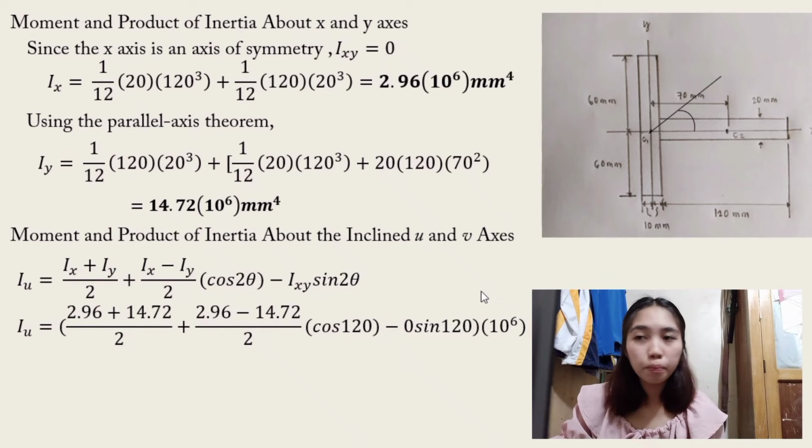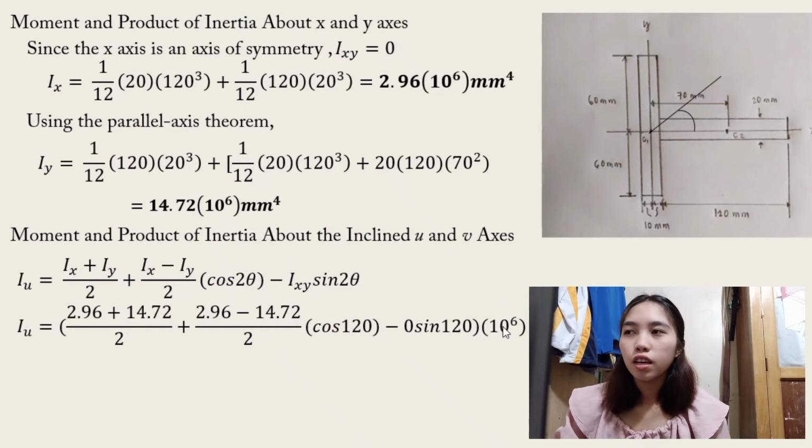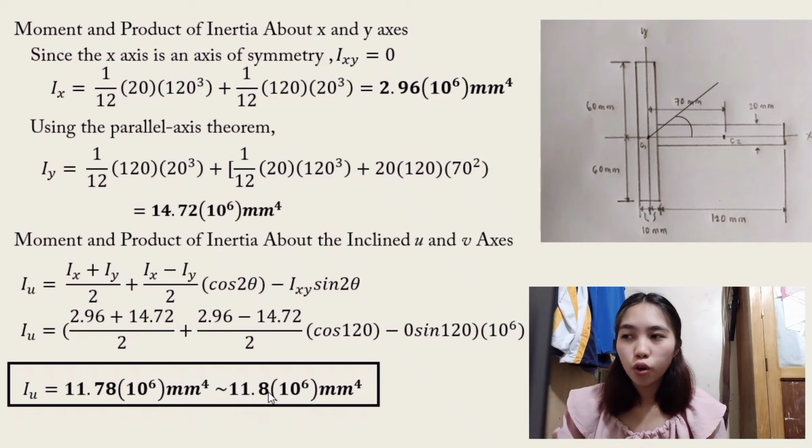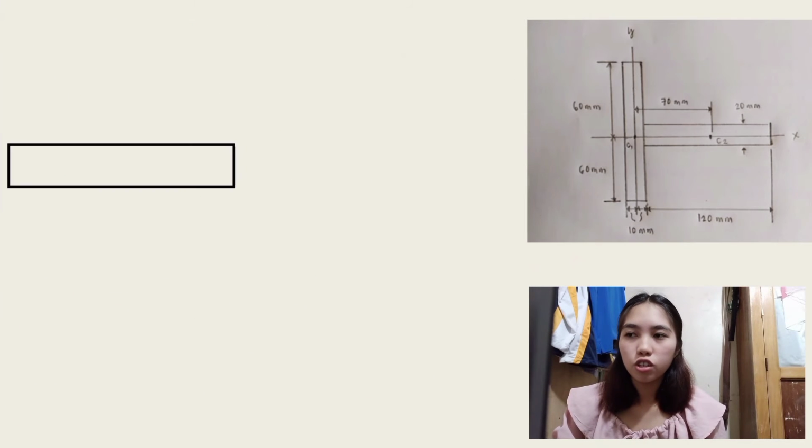So we multiply 10 raised to 6 and then 14.72 times 10 raised to 6. The answer is 11.78 times 10 raised to 6 millimeter to the fourth, or 11.8 times 10 raised to 6 millimeter to the fourth, so that it will have three significant figures.